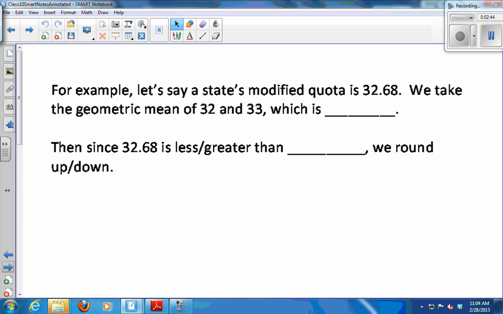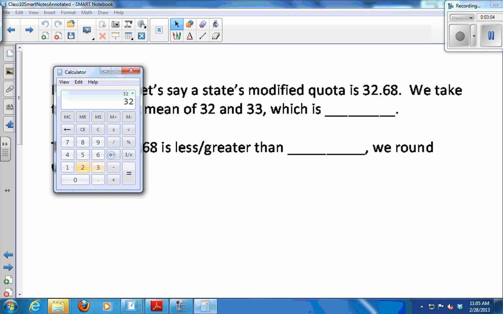So for example, let's say a state's modified quota is 32.68. First, you calculate the geometric mean of the lower quota and the upper quota. The lower quota is 32, the upper quota is 33, the round down and the round up. Calculate the geometric mean of the two. On the calculator, 32 times 33, and square root it. We get 32.496.